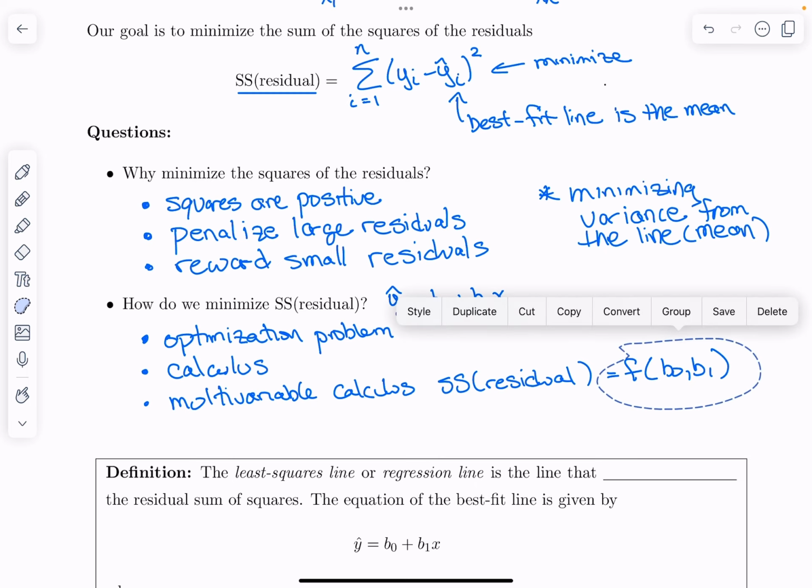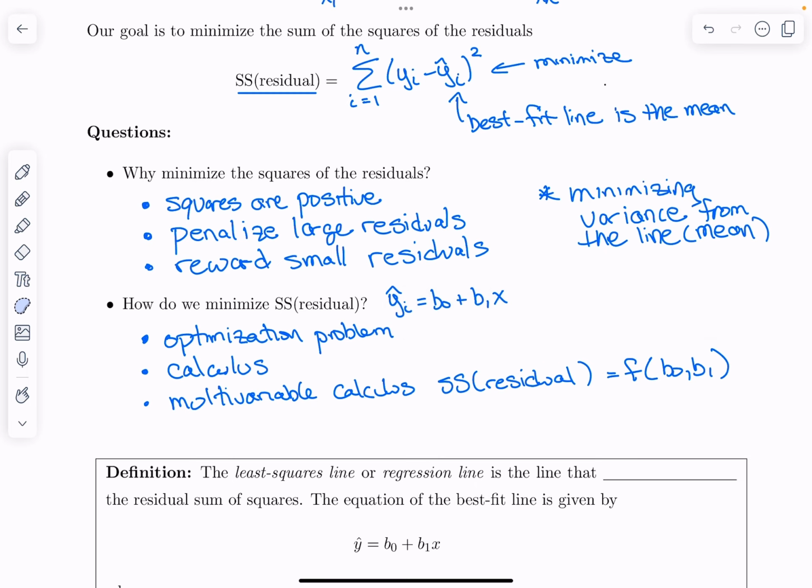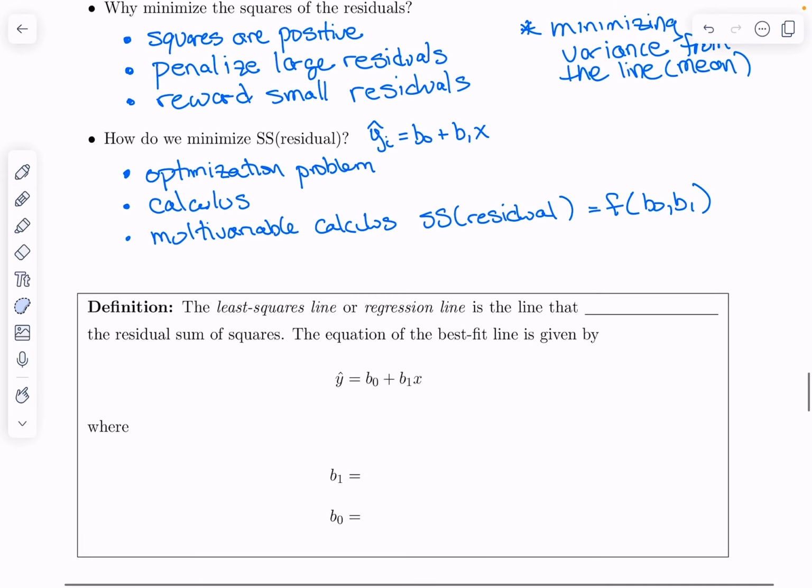So this ends up being a multivariable calculus problem. The good news is that this has been solved once for a generic set of data, a list of x's and y's, and then we can apply the result to any data set. So this has been solved in generality already.